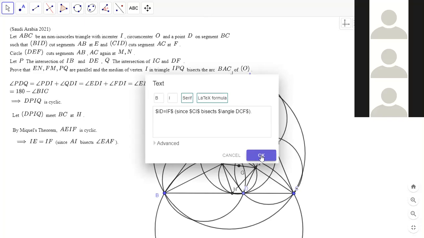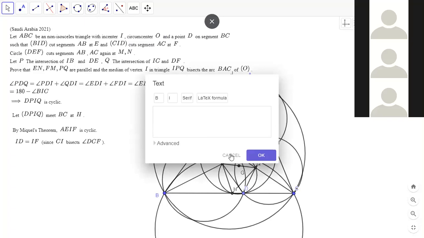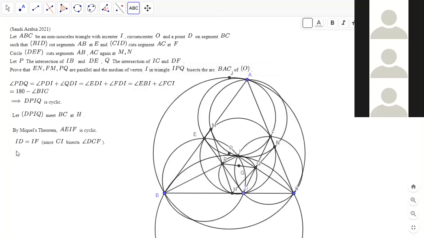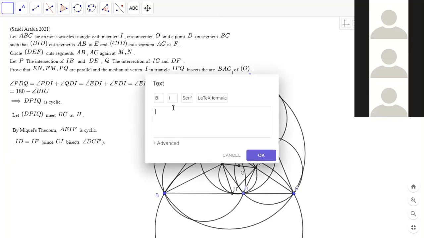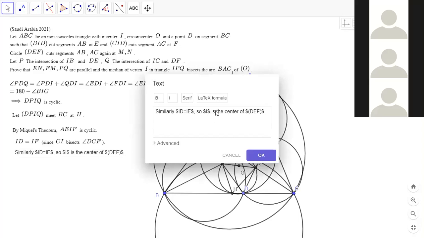It's the same idea. So similarly, ID equals IE. So I is the center of the circle DEF. So yeah, then we wouldn't need point H, I don't think.